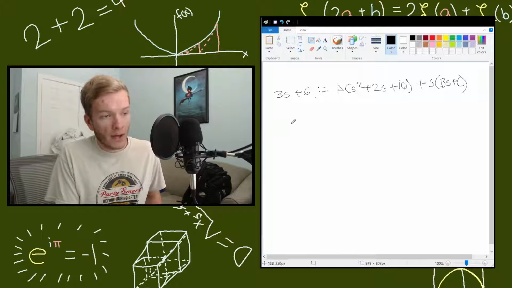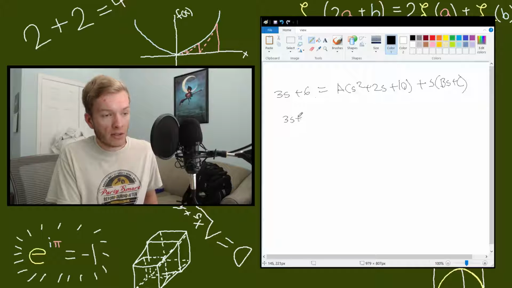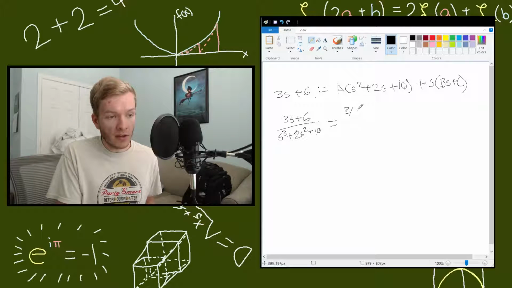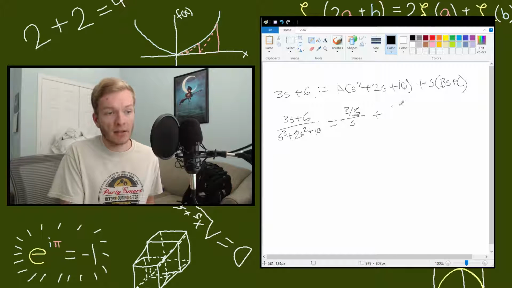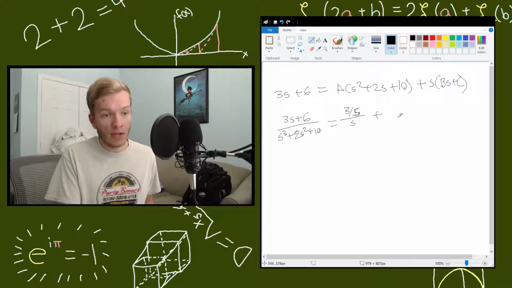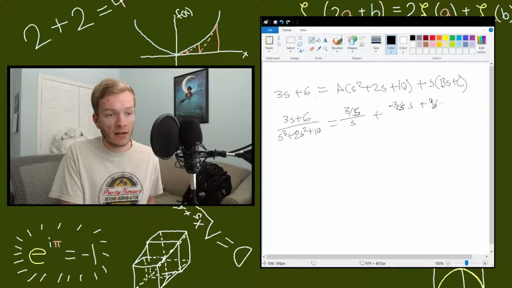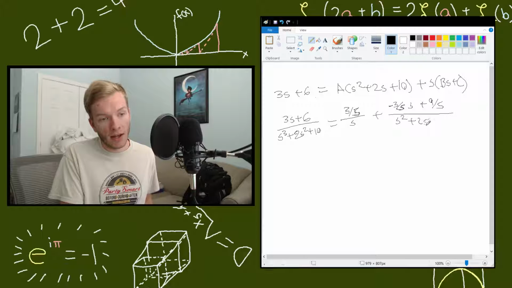So we have the answer of (3s + 6) / (s^3 + 2s^2 + 10) is equal to (3/5)/s plus our b, which is -3/5, so -3/5 times (s + 9/5) all over (s^2 + 2s + 10).